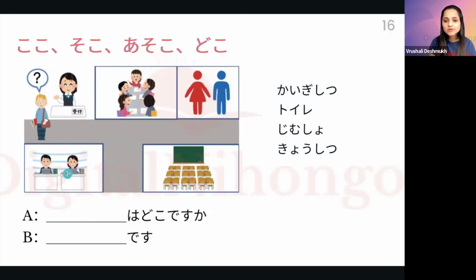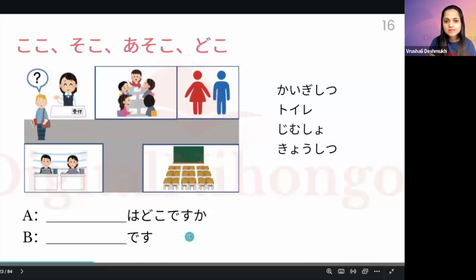Jimusho wa doko desu ka? Maybe it is near to this person, who is standing here. So she can say soko desu. It's there. Kyoshitsu wa doko desu ka? Again, this is away from both of them, so it has to be asoko desu.